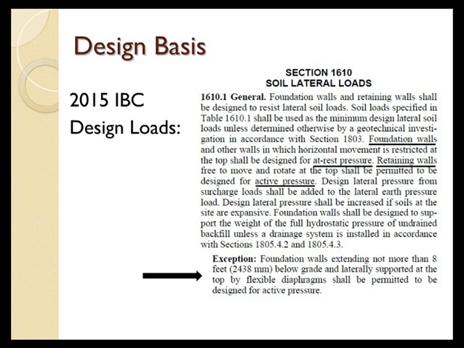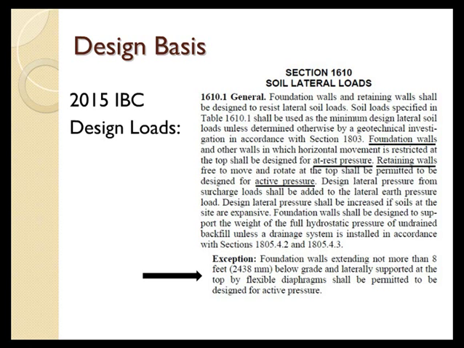Now, I would point out that there's also an exception that applies to these design loading criteria for relatively small height foundation walls, those that have less than 8 foot of wall below grade, in which case these, if they're supported at the top by typically a wood or a flexible type of diaphragm or floor system, are permitted to be designed for the active design pressures.